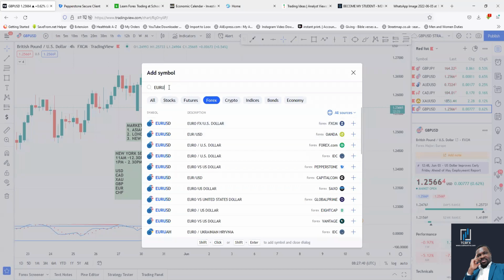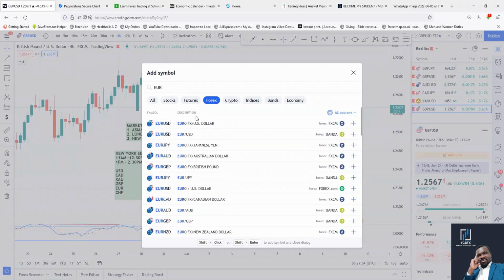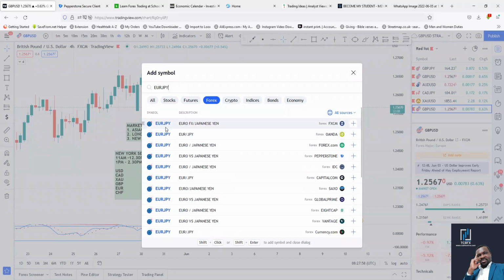And you can still do AUD, it's fine. Because AUD is what? It is the Asia session. So you can trade it. You can even go for JPY. It's fine, but you have to know how to measure this. You have to know how to pair it.